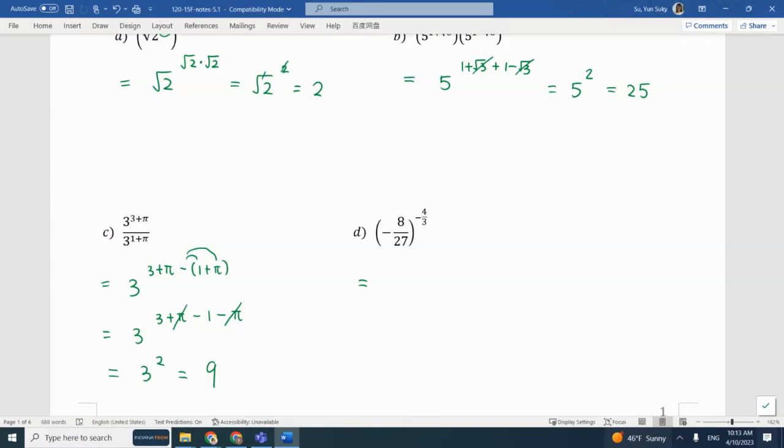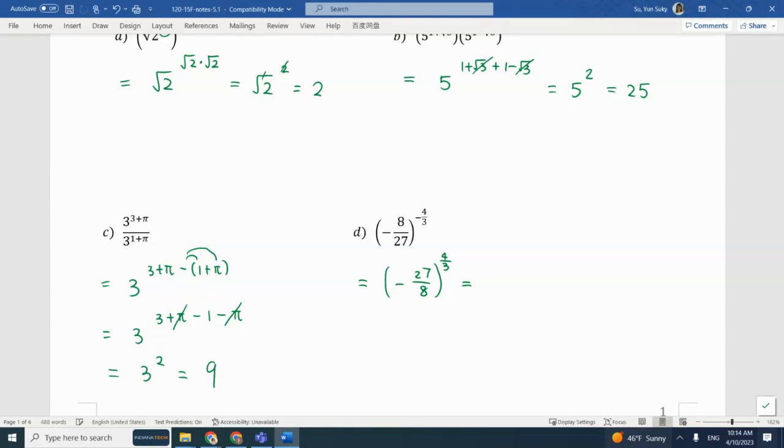Next one. Yeah, it's negative. What does that mean? We flip it. So we got negative 27 over 8 and then raised to the 4/3. Now we can distribute the 4/3 because inside this is like a multiply and then this is like divide.